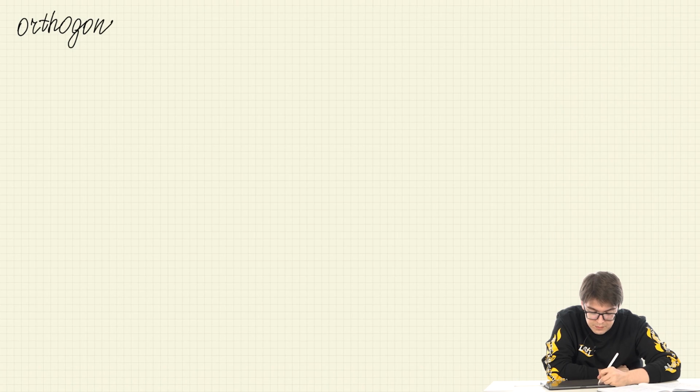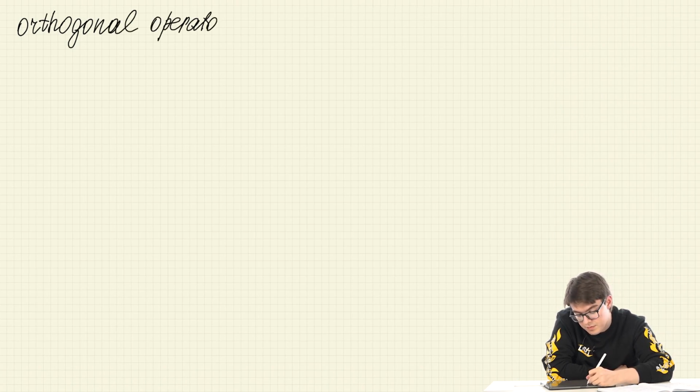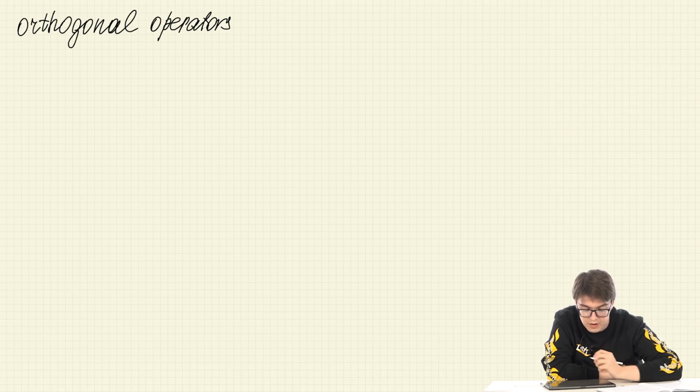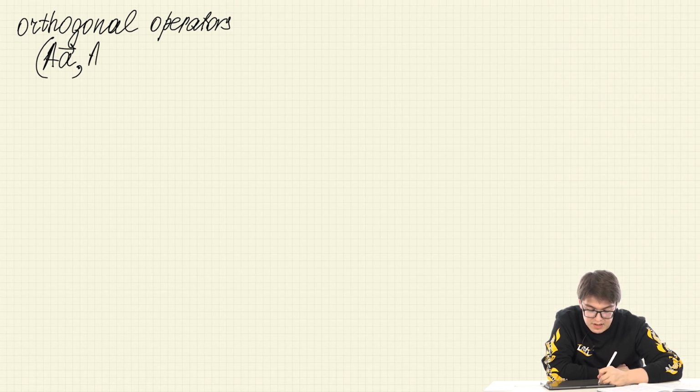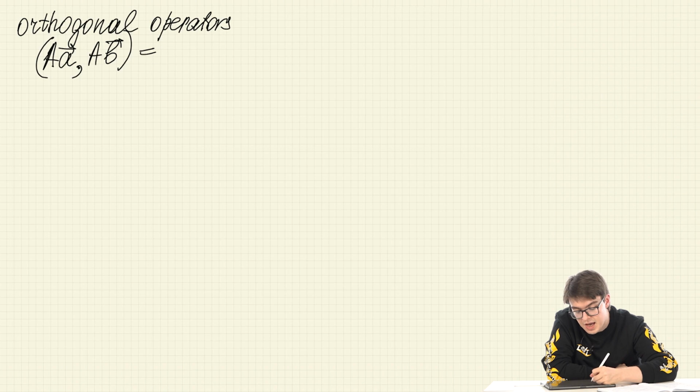Orthogonal operators. It means that they save the length. If we say it more precisely, it saves the scalar product of two vectors.